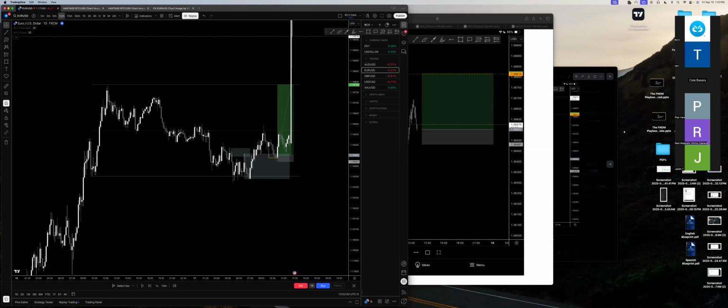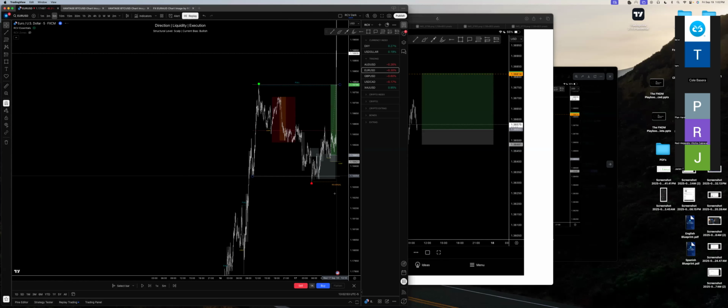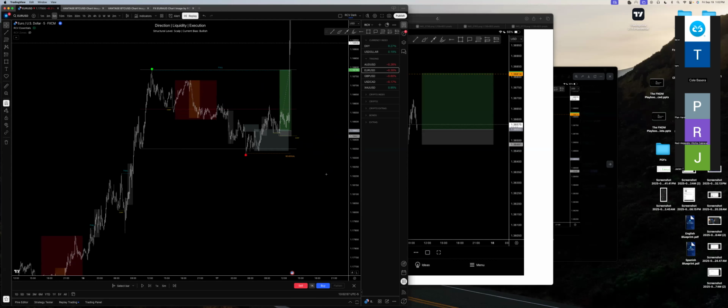And that reminds me, whoever was asking about quantifying the stuff, when I was making my indicator, I actually had to update my structural anatomy. If you watched the core structural anatomy, which is the different types of levels, I used to have micro, scalp, minor intraday, major intraday, swing, and position.